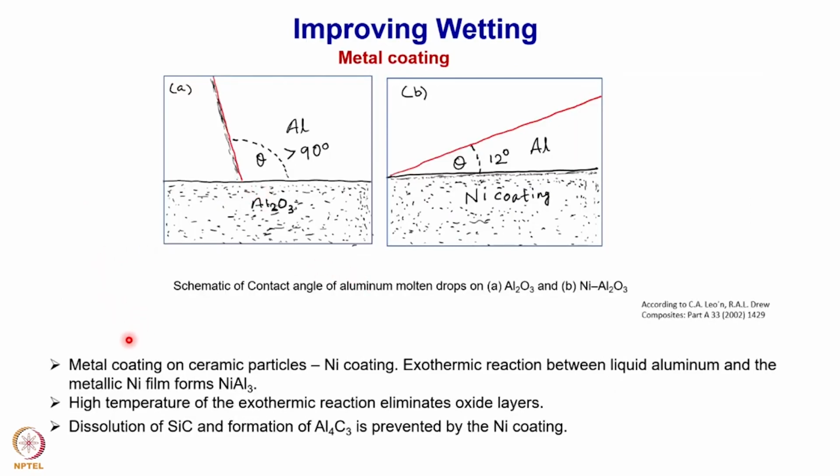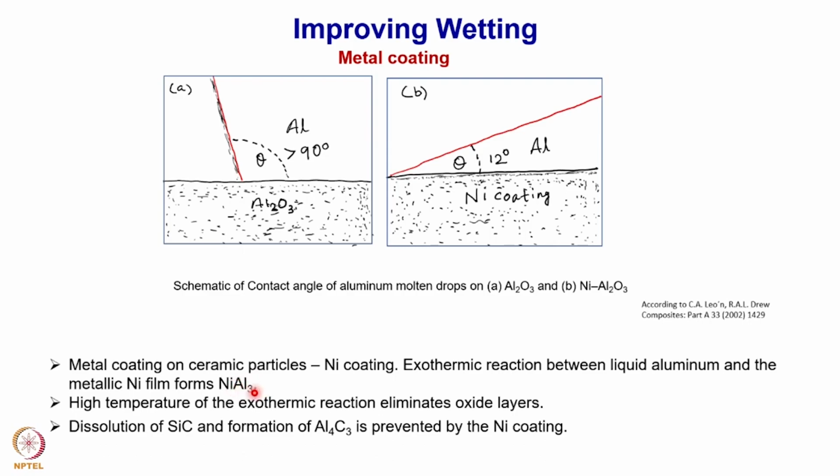And metal coating on the ceramic particles, which I was mentioning before, would actually form a layer of a reaction product like this. For example, if you have nickel coating on a ceramic particle surface, it will react with the aluminum and form this kind of intermetallic layer on the surface of the ceramic particles.